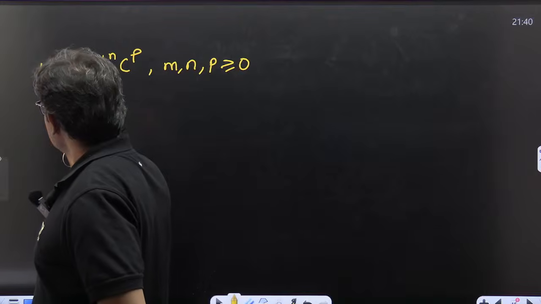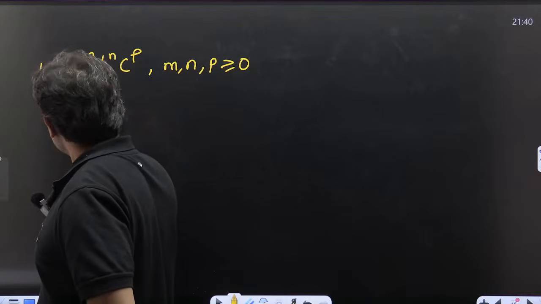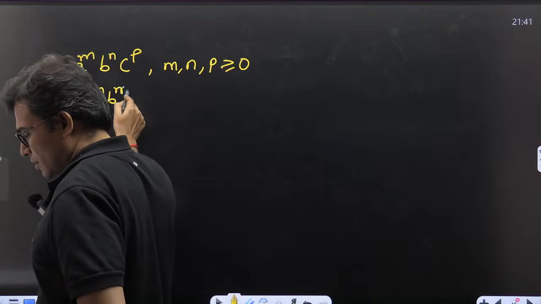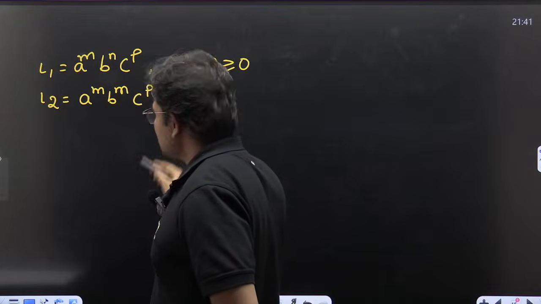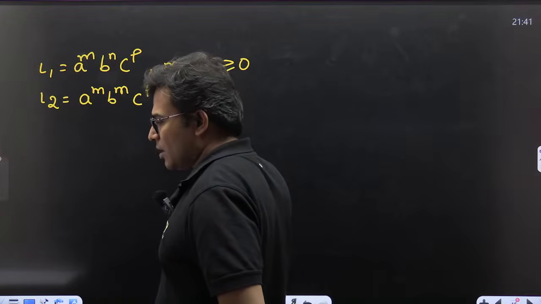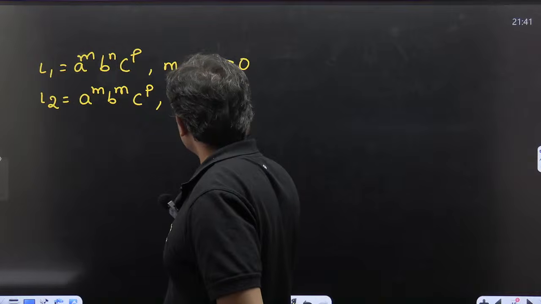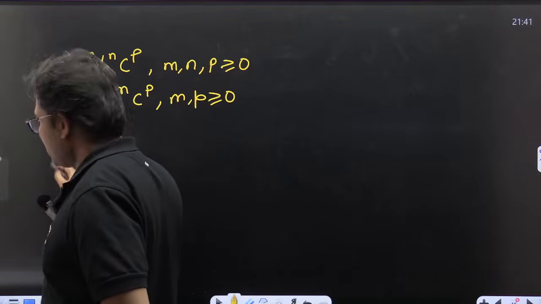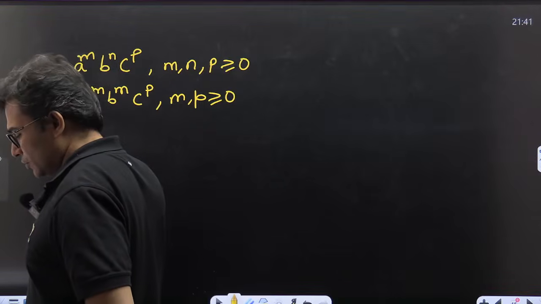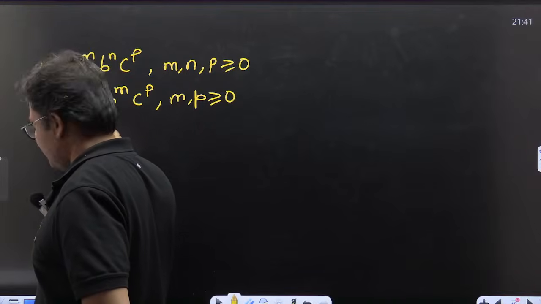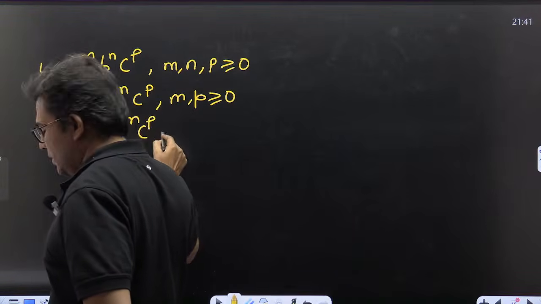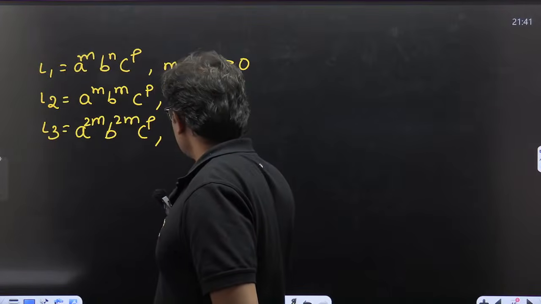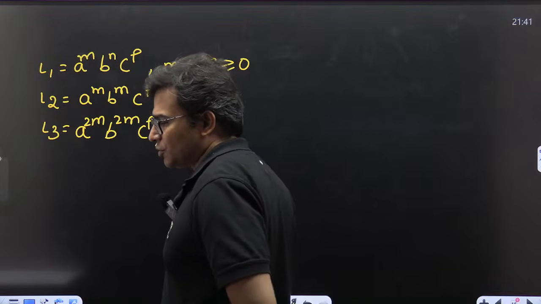Now L2 equal to A power M, B power M, C power P such that M, P greater than or equal to 0. Now L3 equal to A power 2M, B power 2M, C power P such that M, P is greater than or equal to 0.